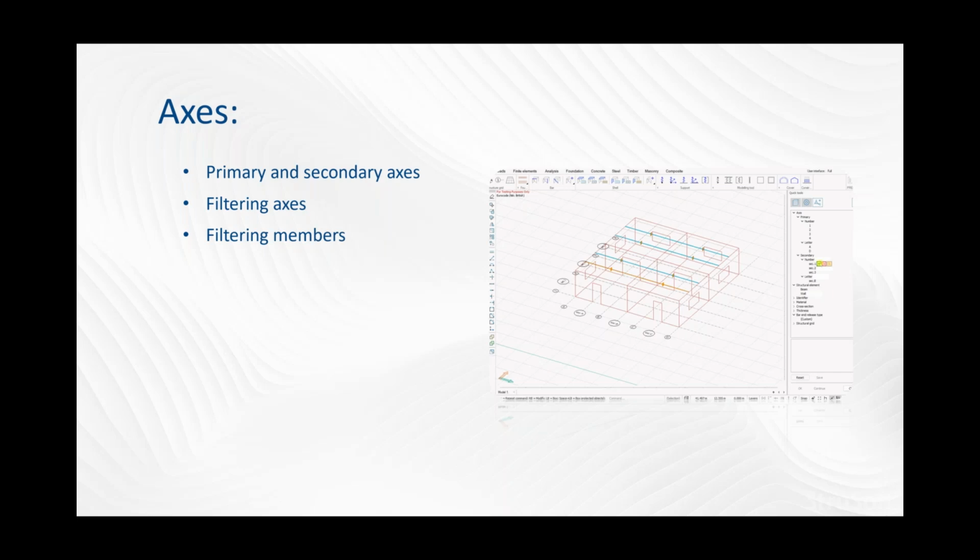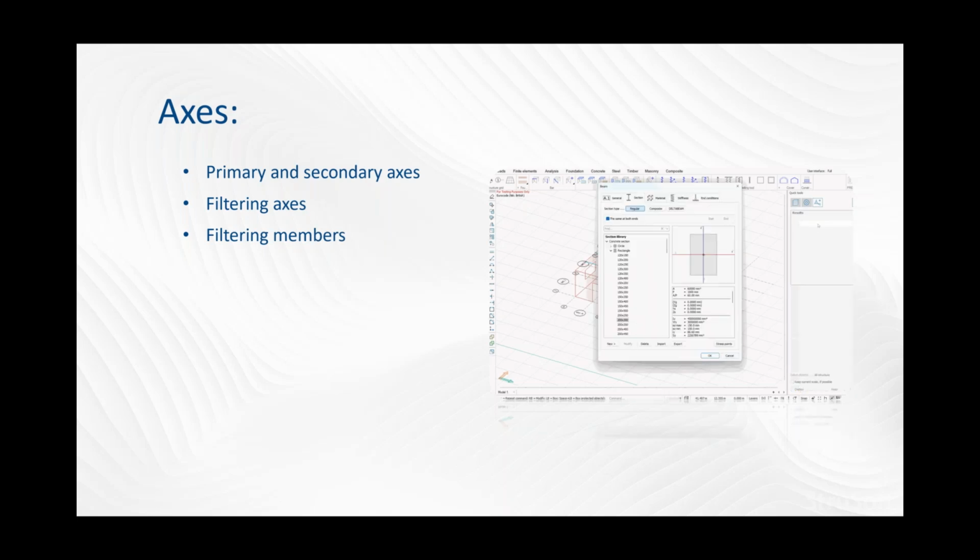And the first thing that we would like to present is improvements made to axes, primary and secondary. Then we have introduced a new filtering option for axes. You will now find it in the filter field. You can filter members by axis as well.